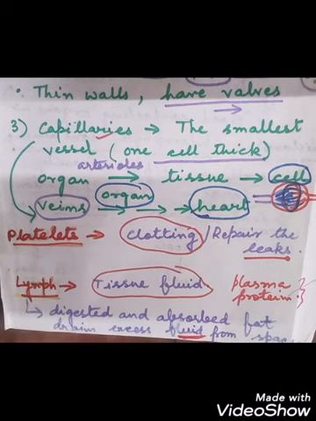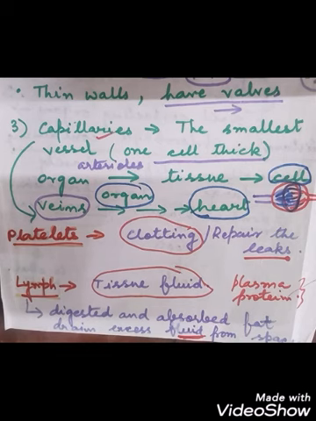Lymph is formed by the plasma, proteins, and blood cells that escape into the intercellular spaces in the tissues. So what are intercellular spaces? The spaces between the cells are called intercellular spaces. So through the capillary walls, some amount of plasma will come out, some proteins will come out, some blood cells will come out, and they will form the tissue fluid, which is also called the lymph.